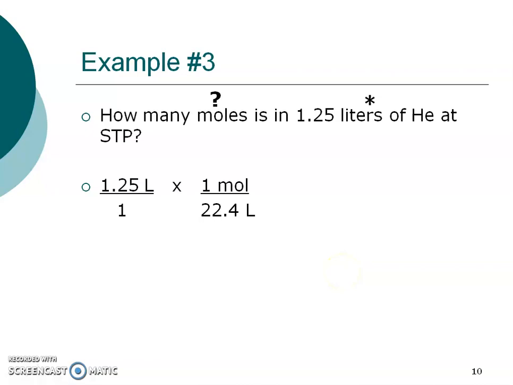If you did 22.4 divided by 1.25, you're going to get a totally different answer. So do it in order. All right, pause the video and push into your calculator, and you should have gotten that as an answer. Again, if there's zeros, I like to always have 2 or 3 numbers associated with it.